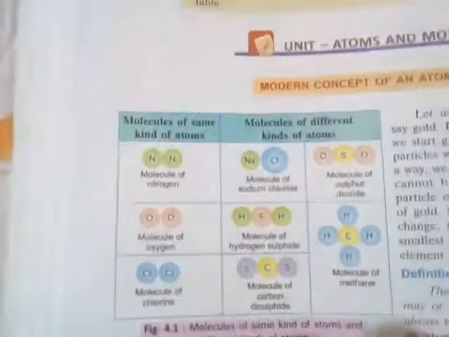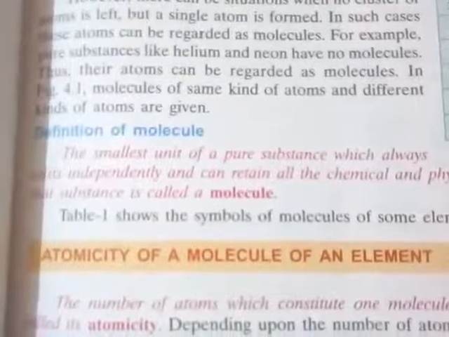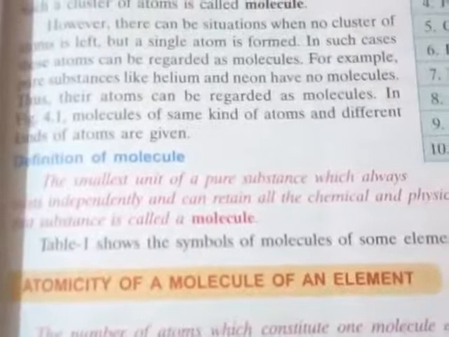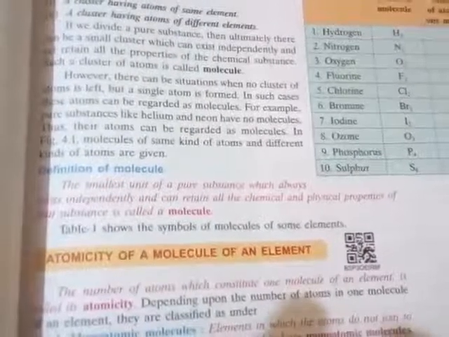The important thing we know is the definition of an element, because an element can exist in two forms, the atomic form and the molecular form. In the atomic form, only one atom exists. In the molecular form, it is a combination of similar types of atoms.